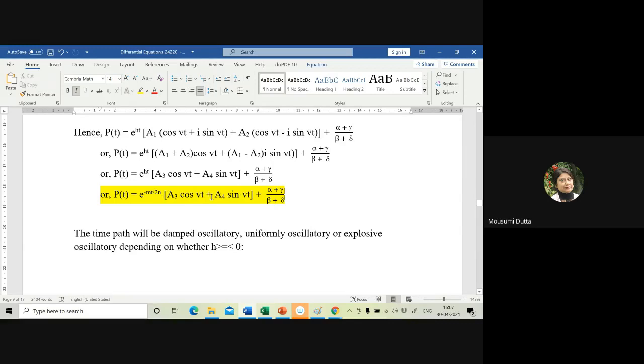This type of expression, something into cos plus something into sine, generates oscillations. Already I discussed that the time path will be damped oscillatory, uniform oscillatory, or explosive oscillatory depending on h greater than, equal to, or less than 0. So the h part for convergence, etc., I discussed.